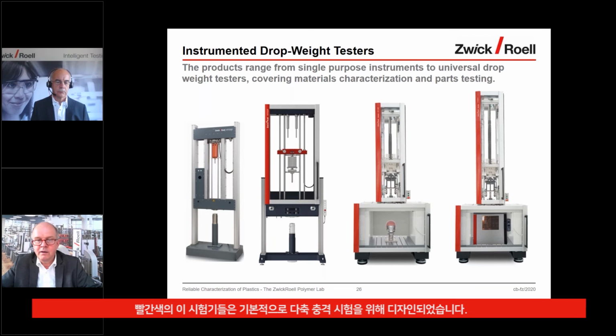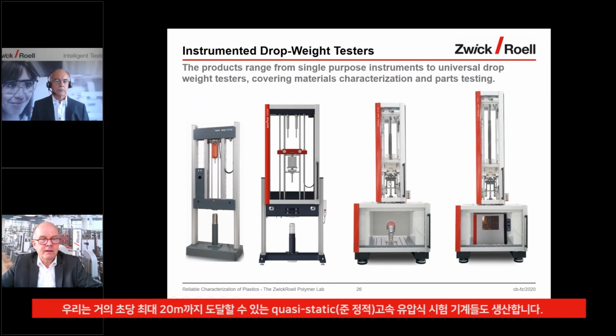This is ASTM D3763 or ISO 6603 part 2, and these drop weight testers have a typical range of speed between 2 and 8 meters per second. They can go faster if you work with an acceleration, so then you can go up to 10, 20 meters per second.